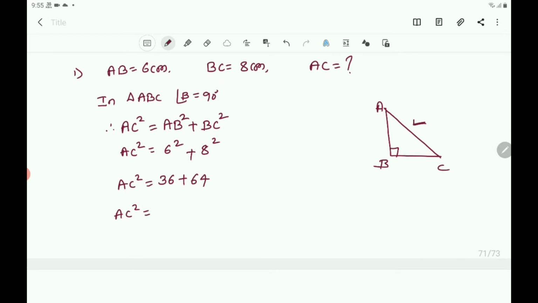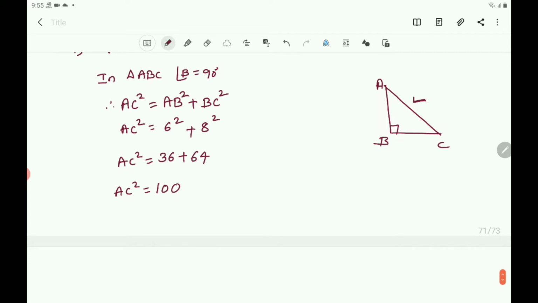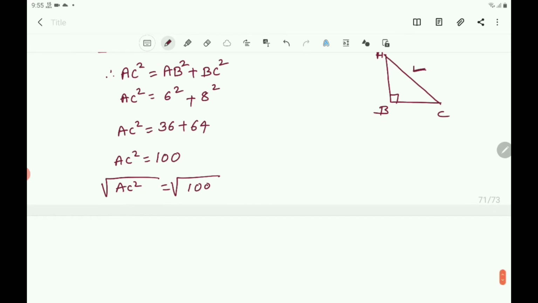AC² equals 36 plus 64, the sum of these two is 100. 64 plus 6 is 70, 70 plus 30 is 100. Then you take the root on both sides. Square root of AC² equals square root of 100. So square root of AC² is AC, equals square root of 100, which is 10. AC equals 10 you got.